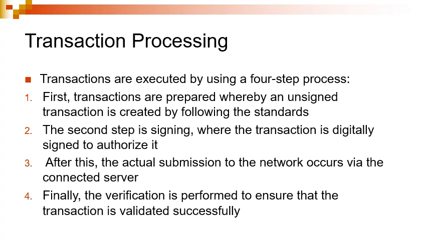So transaction processing has 4 steps. First, the transactions are prepared: an unsigned transaction is created as per the standards. The second step is signing, where the transaction is digitally signed to authorize it, and after this the actual submission to the network occurs via the connected server. The transaction is submitted to the server for finalization.